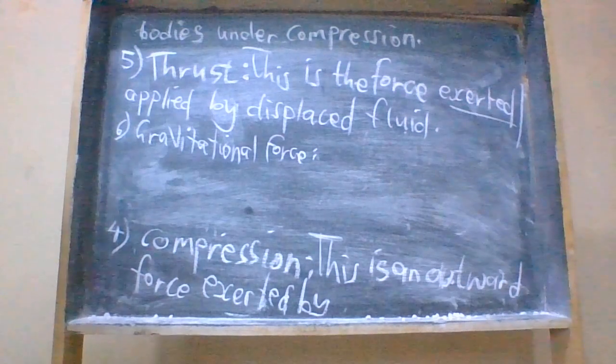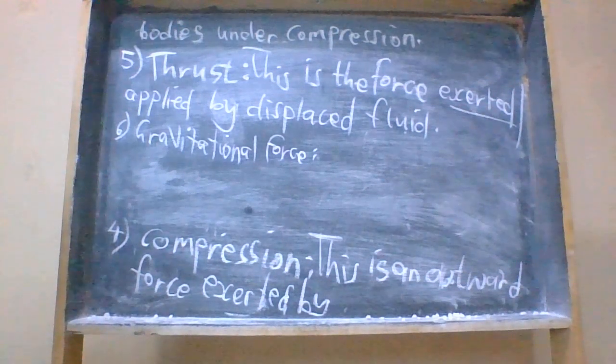Gravitational force is the force of attraction between two bodies, which is directly proportional to the product of their masses and inversely proportional to the square of their distance of separation.